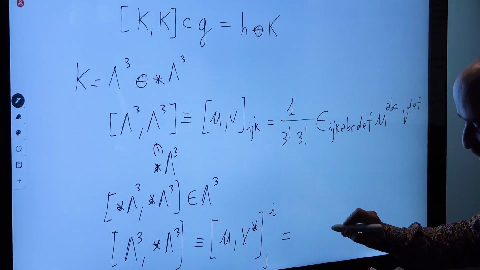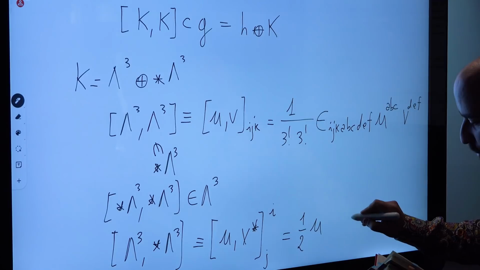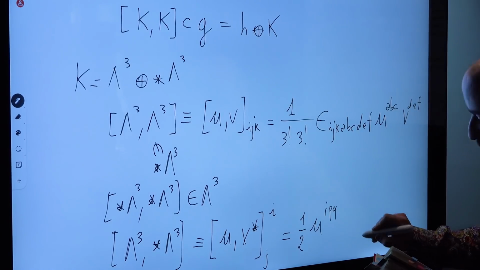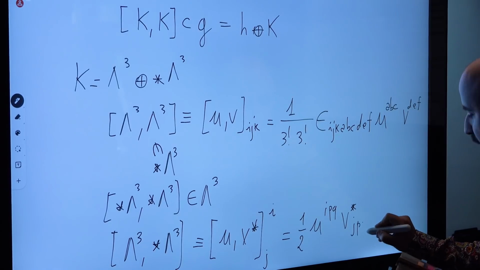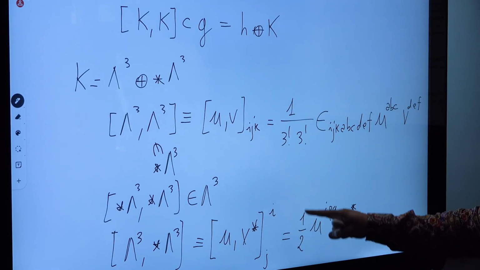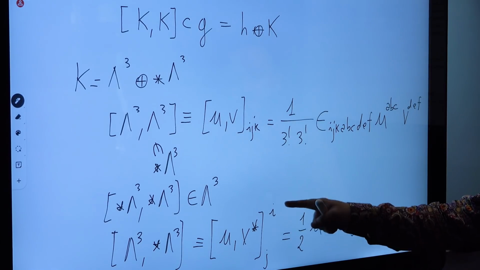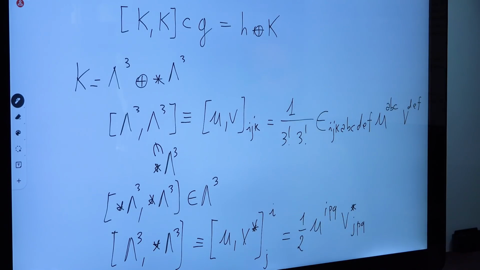And this will essentially be given by 1/2 U I P Q with V star J P Q. But then there will be, Carlos, the delta appearing, because of course you remember that there is a projection over the adjoint, but then also the single generator, which is given by the invariant tensor, which is the Kronecker delta of SL9.